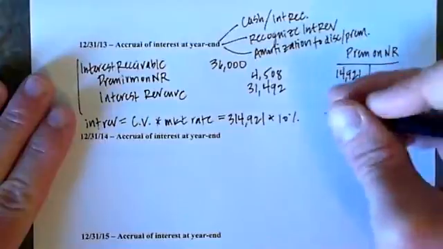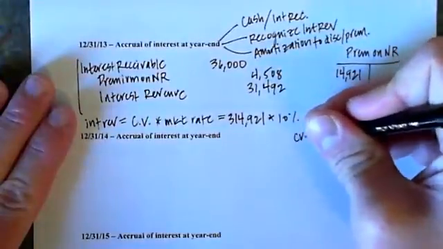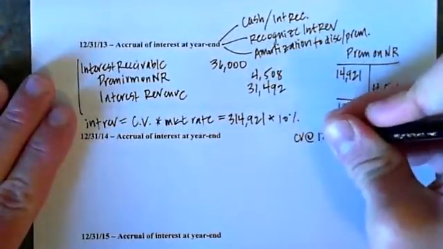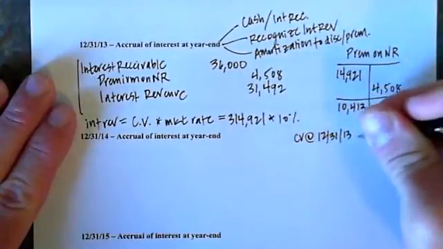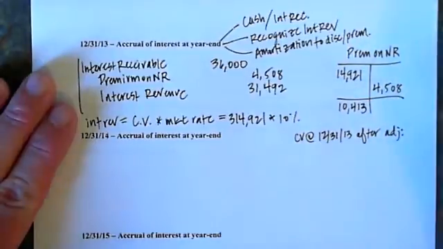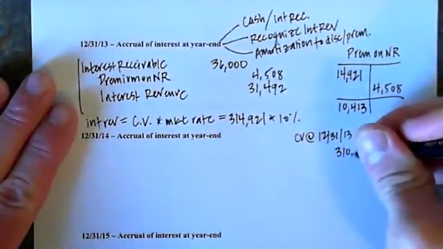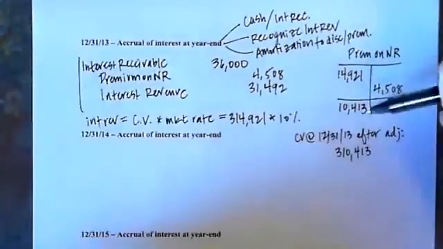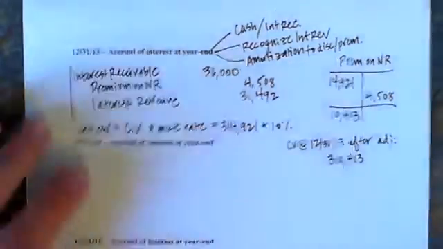Now we have a carrying value that is equal to, at 12/31/13 after adjustment, is going to be $310,413, the note receivable plus this balance.